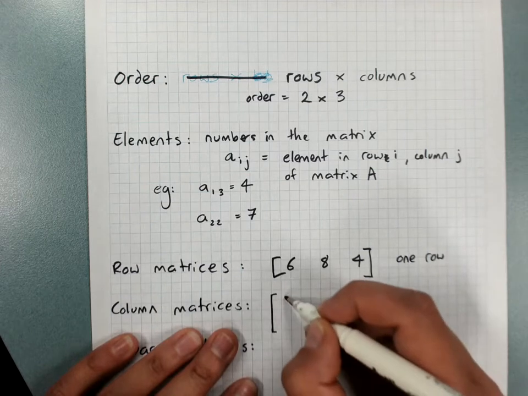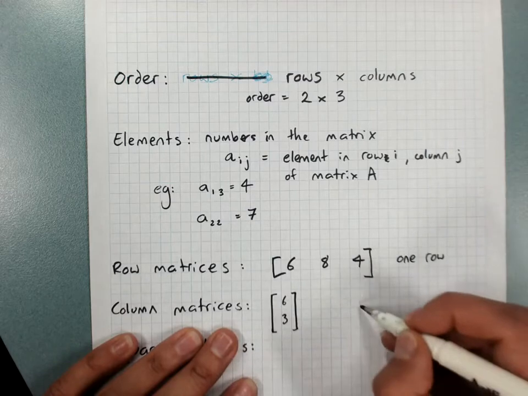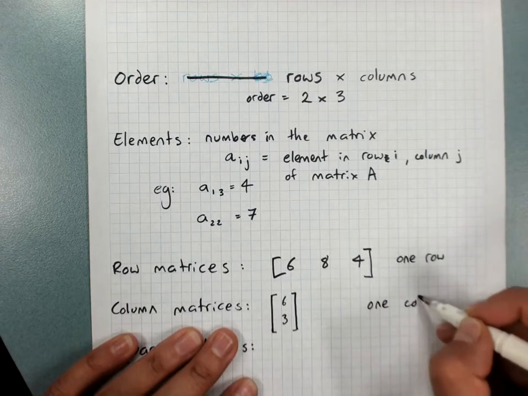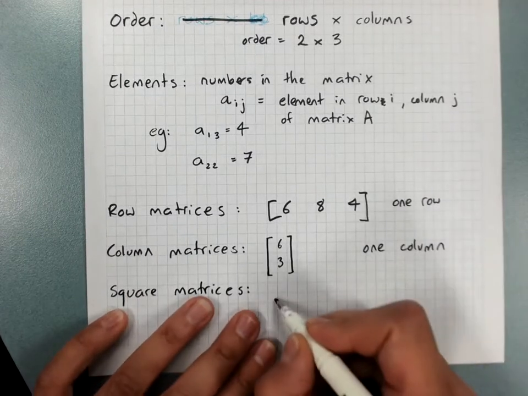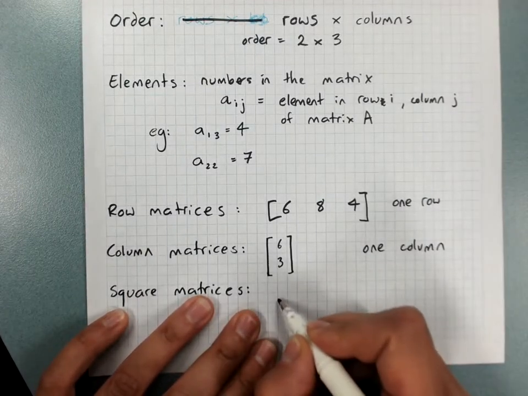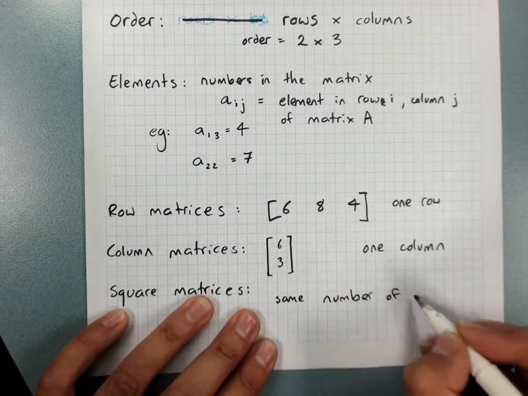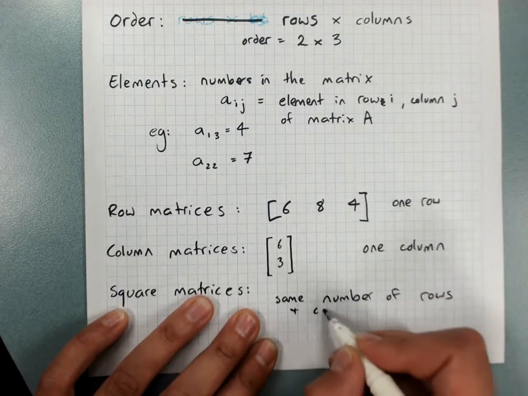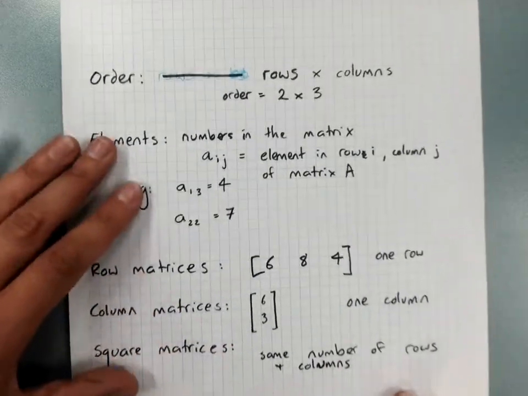So the matrix of 6, 3, that's a column matrix, one column. And a square matrix has the same number of rows and columns, so it makes a square. So some types of matrices.